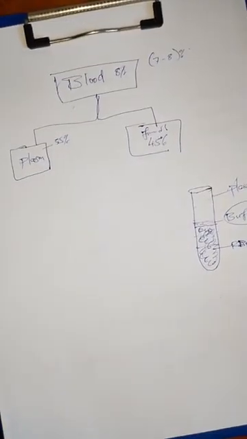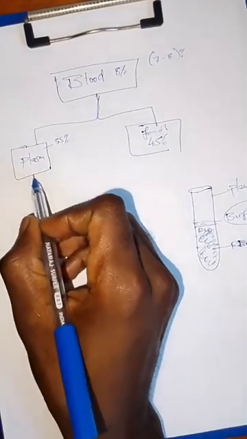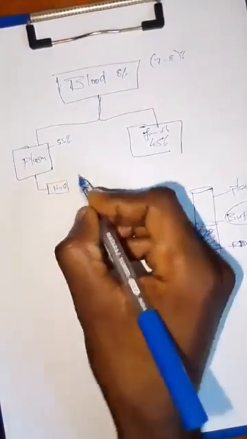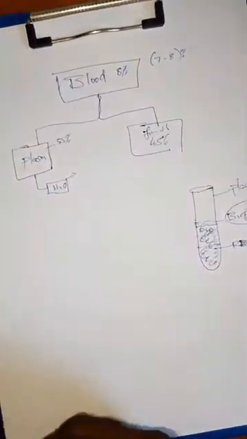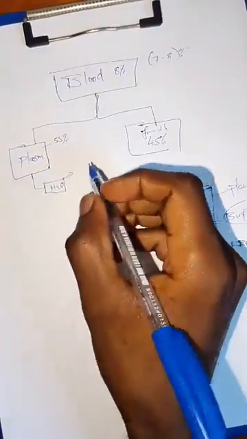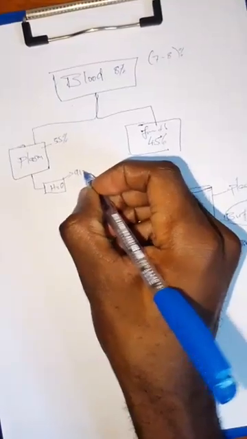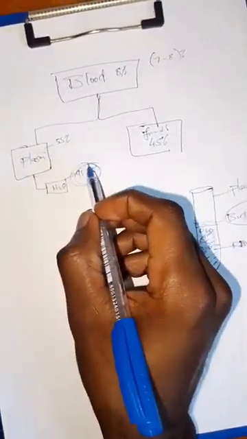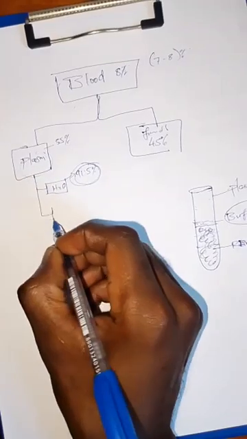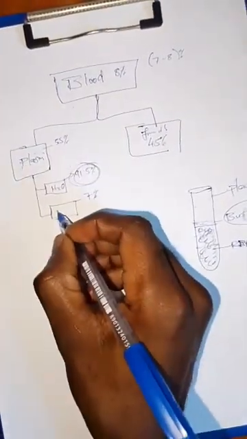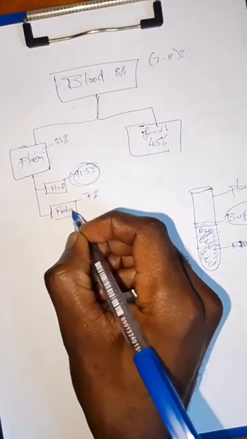So now, getting back to the composition of the blood, we said that plasma consists of about 55% of the whole blood volume. In plasma we have water, and about 91.5% of the volume of plasma is going to be water. About 7% of the volume of plasma is going to be plasma proteins.